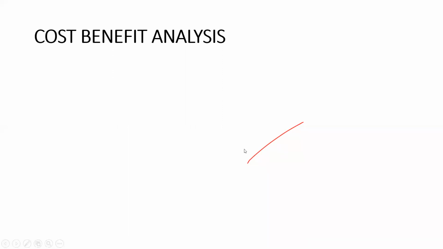If the cumulative of your present value is greater than 0, then you can accept the project. But if the cumulative of your present value is less than 0, you should reject the project.